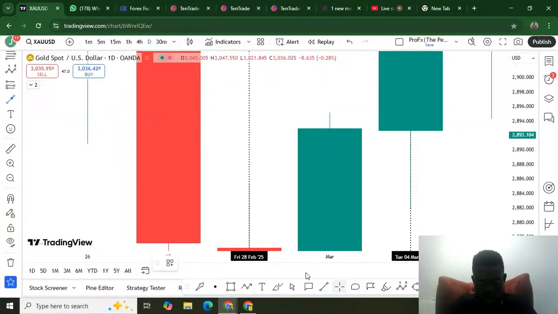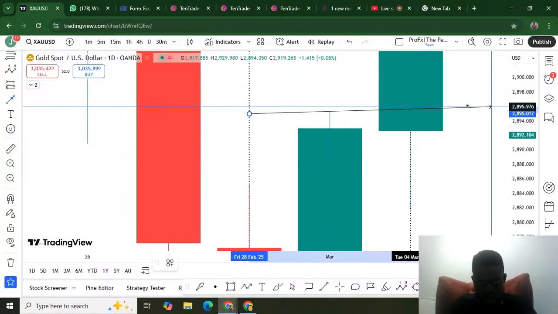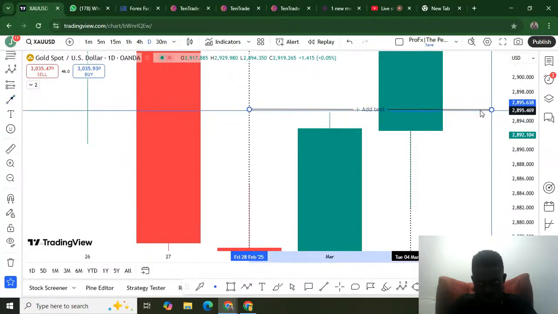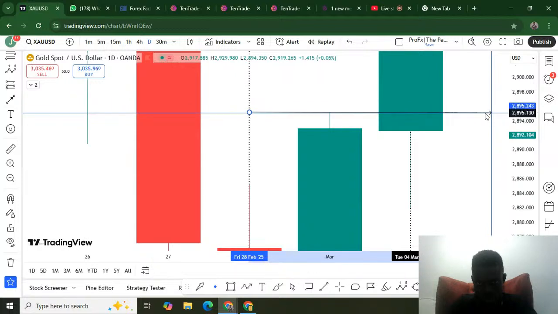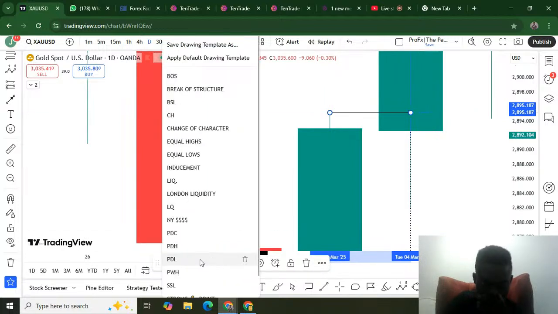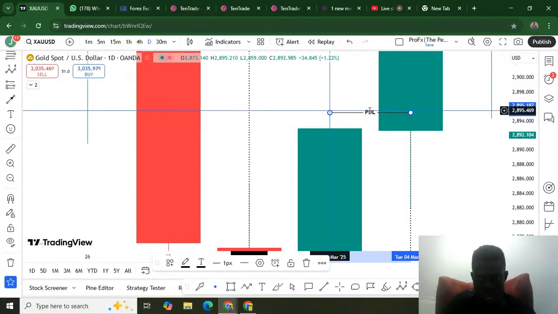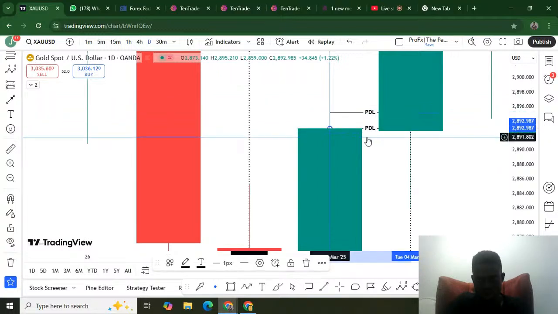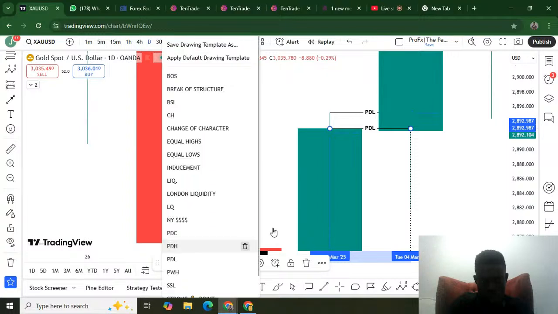This is the PDL, and I have the PDC. Now looking at this, what will you say is this case?